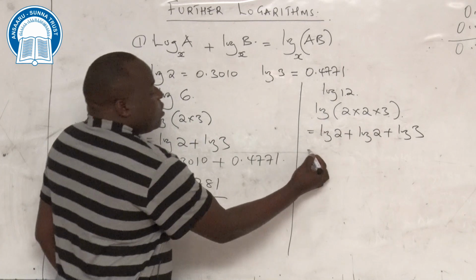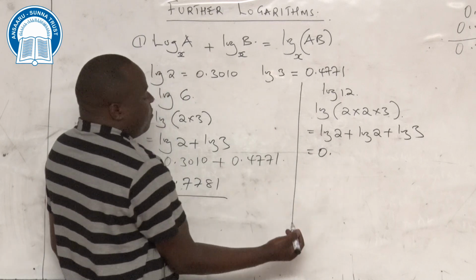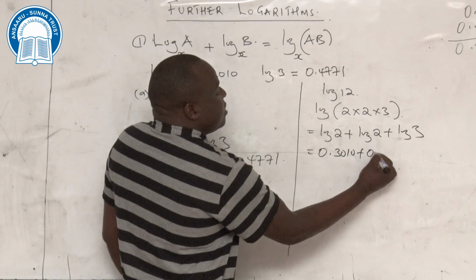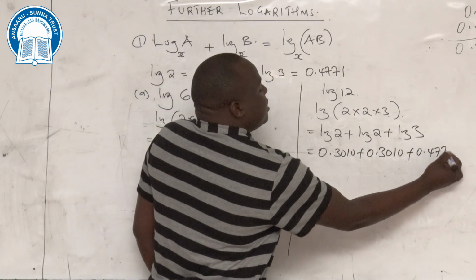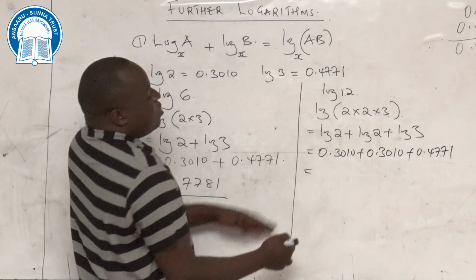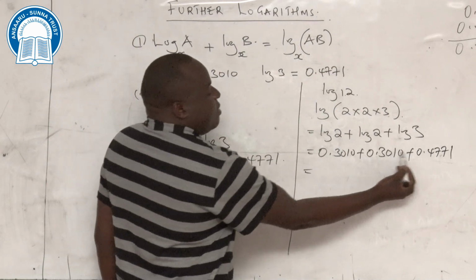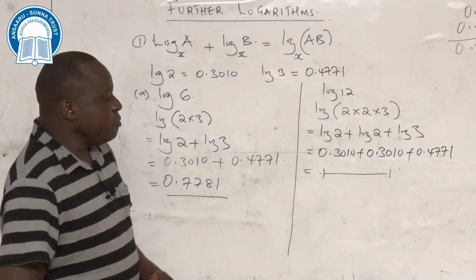So the answer for this would be to replace these values, like I explained before. So it should be 0.3010 plus 0.3010 plus 0.4771. So then, just like I did the other question, add these three values to get the final answer there.